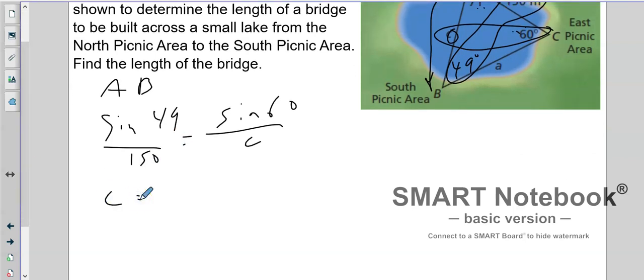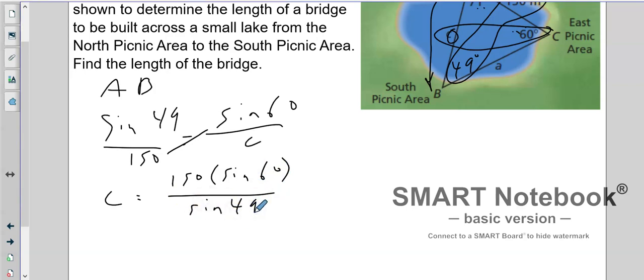C equals, those two multiplied, 150 times sine of 60 divided by sine of 49. I think you got the gist of it, so I'm just going to write down the answer. You know how to enter it in the calculator. It's 172.1 meters.